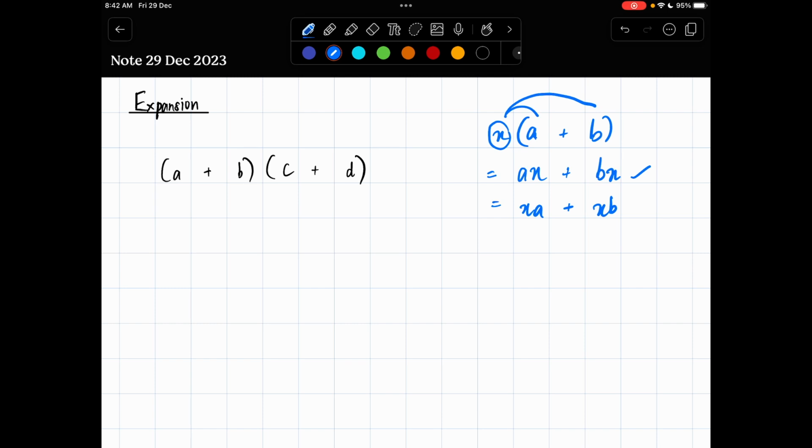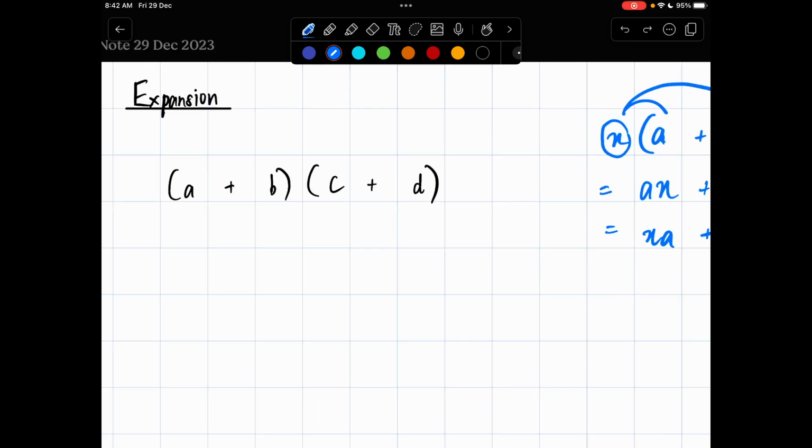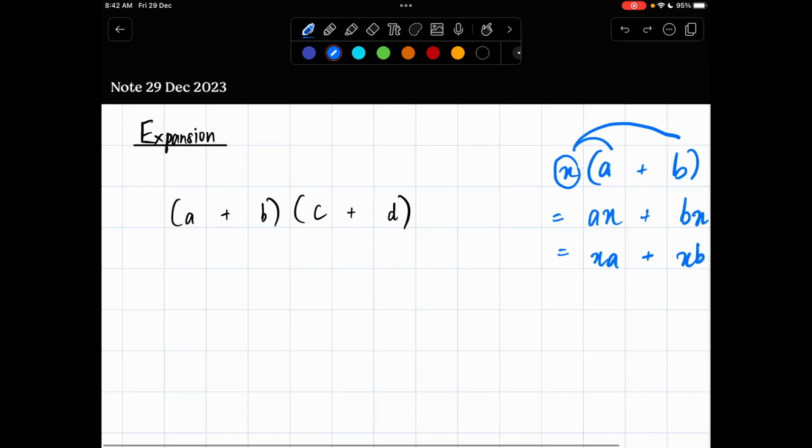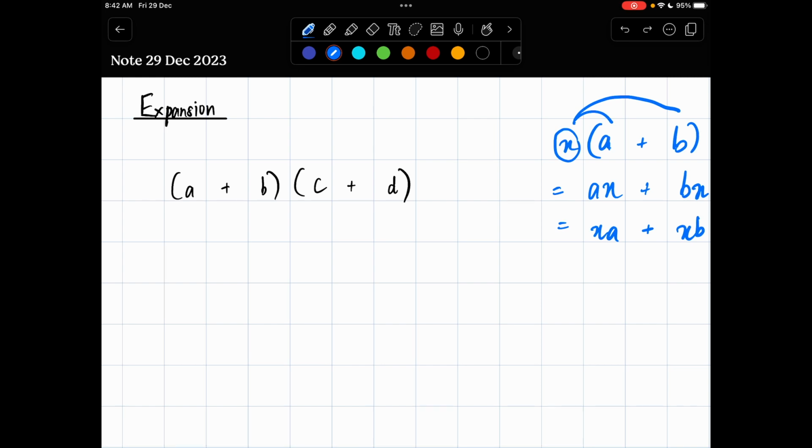The same rule applies to this. There is no difference. It's just that there are two terms that you have to multiply by the other two terms. So the concept remains the same. Let's take the first term from the first bracket. We have a. So what you have to do is take a, multiply this by c.